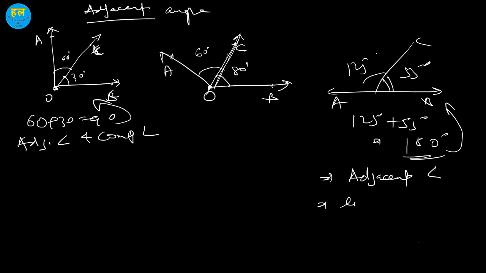Second, they are a linear pair of angles. Third, they are supplementary angles because the sum of the two angles is 180 degrees. Okay, next. This is A, this is B, and this is C. This angle is also adjacent because again it satisfies all the three conditions.